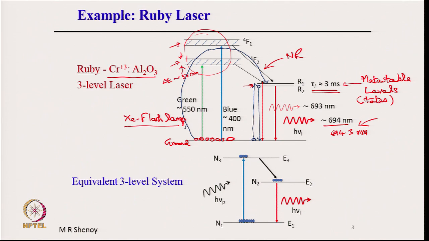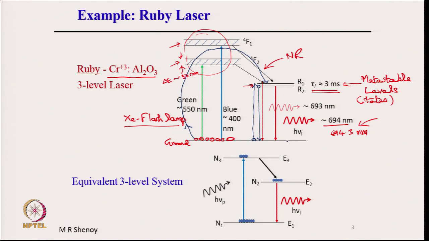However, if we pump atoms from the ground state to a third level or a third band or a multiplicity of levels, from where atoms rapidly come down to an intermediate level, then we can have population inversion between this intermediate level and the ground state.